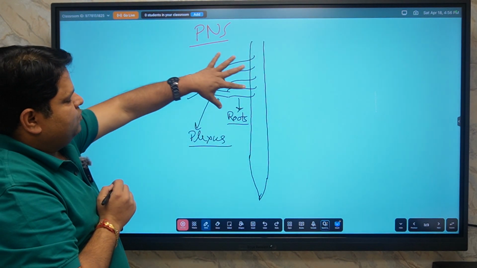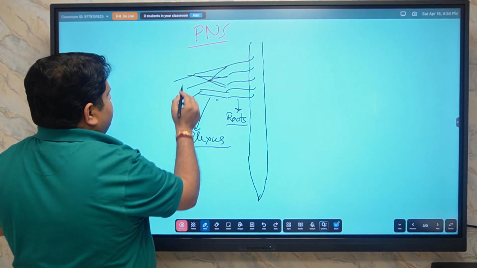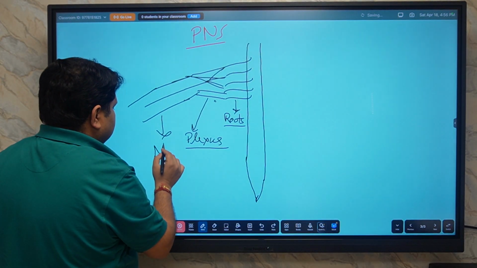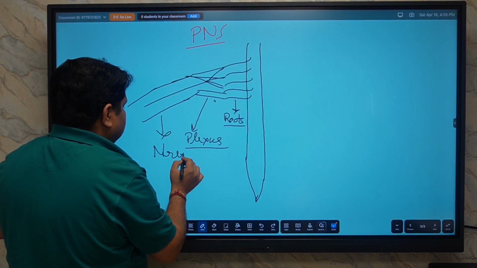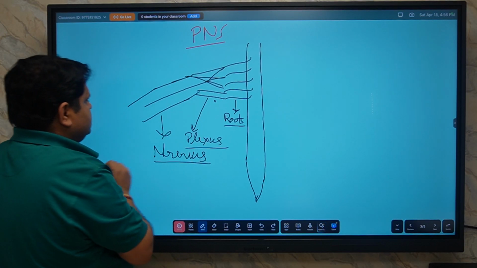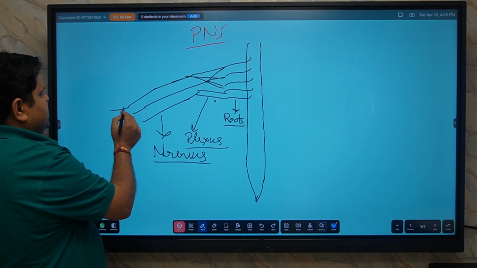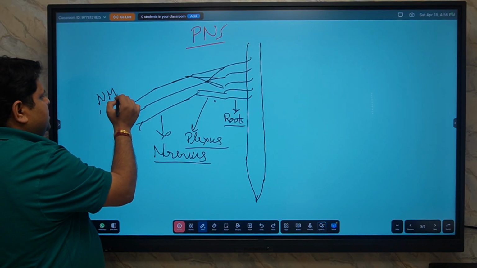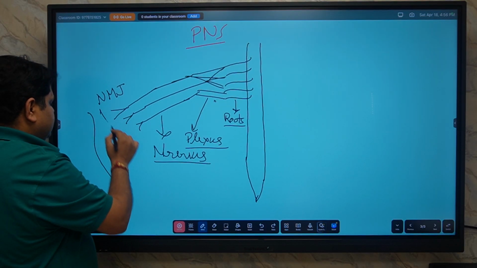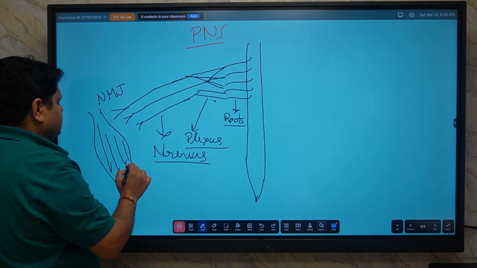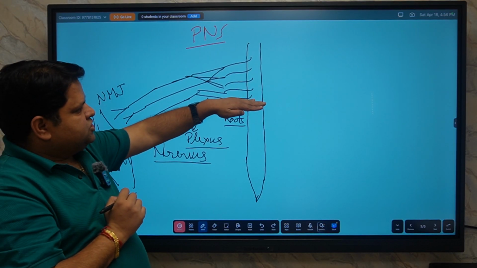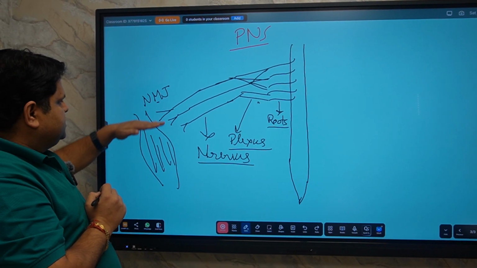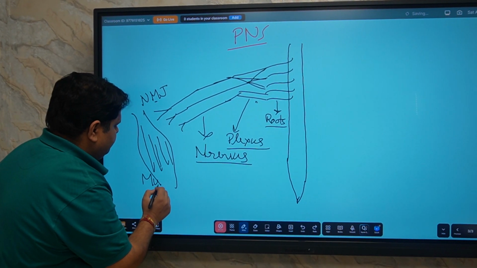Plexus arises from the different combinations of the roots. After plexus, these form the nerves. After nerves, there is a neuromuscular junction, NMJ, and after that there are muscles. So starting from the roots, plexus, nerves, neuromuscular junction and the muscle, this is the part of the peripheral nervous system.